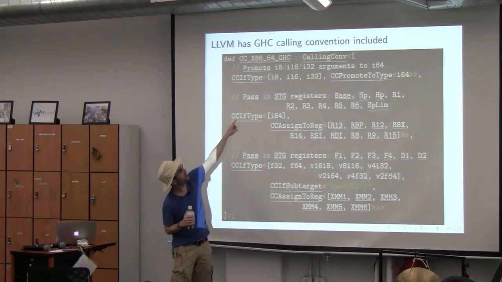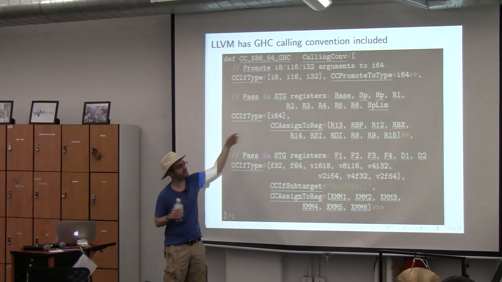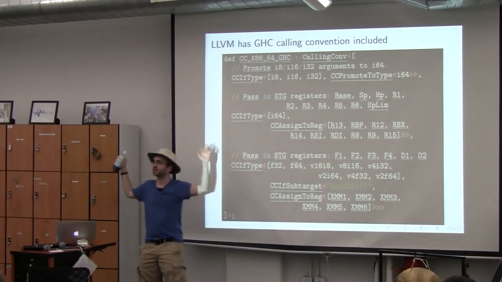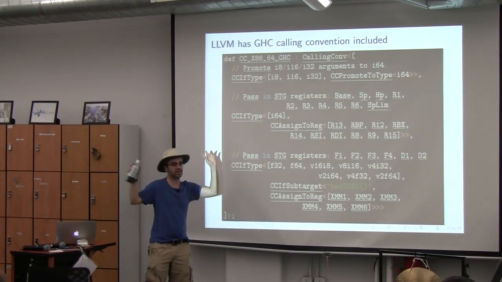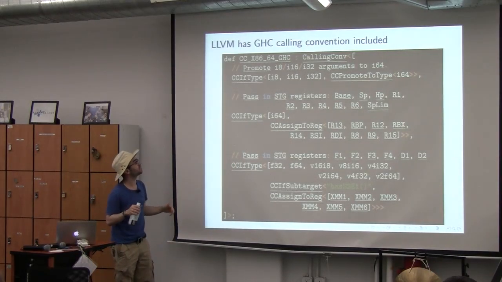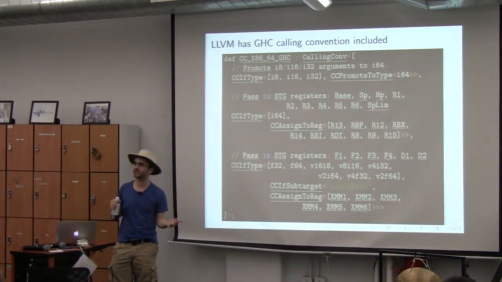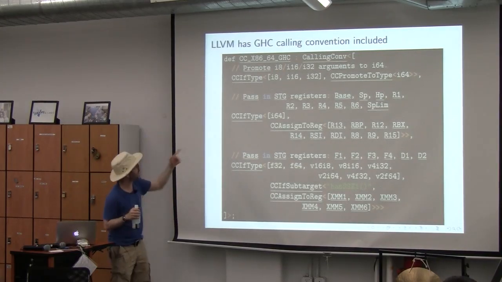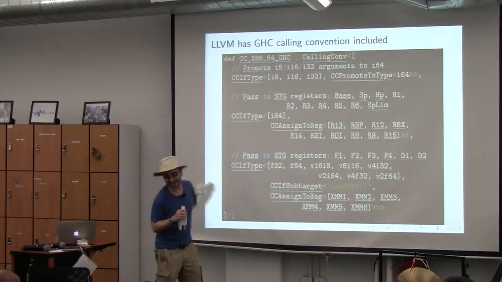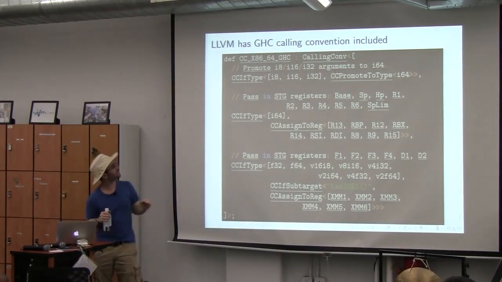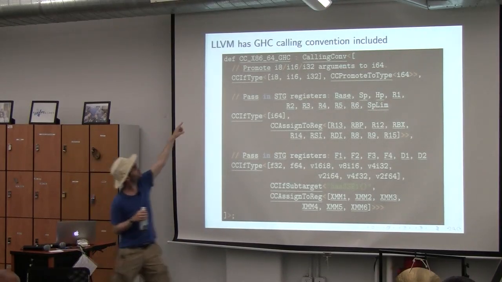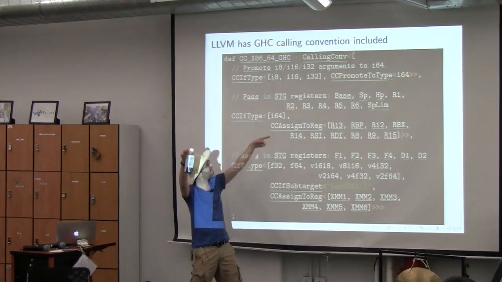Any 8-bit or 16-bit or 32-bit thing is just considered 64-bit. You could hypothetically fit 8 8-bit things into a 64-bit thing. So if it's one of these types, consider it to be 64-bit.